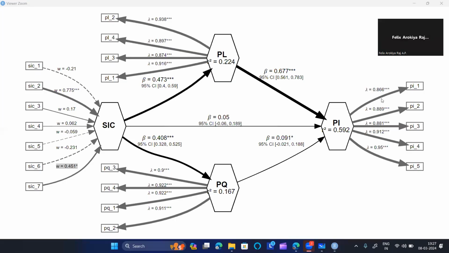Here are the weights for the formative construct SIC. We first check whether the weight for each measure is significant, and here only one has a thick line and three stars, highly significant. But again I said no, it's not that easy to drop items from a formatively measured construct.